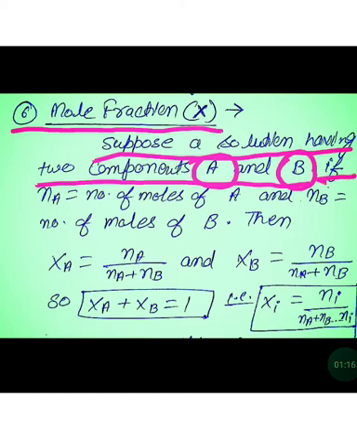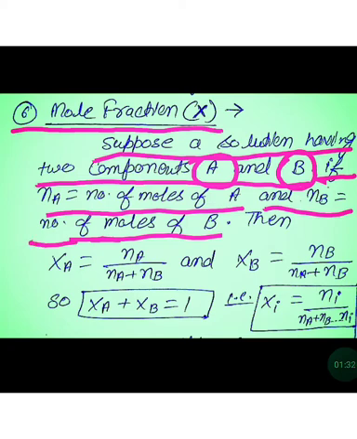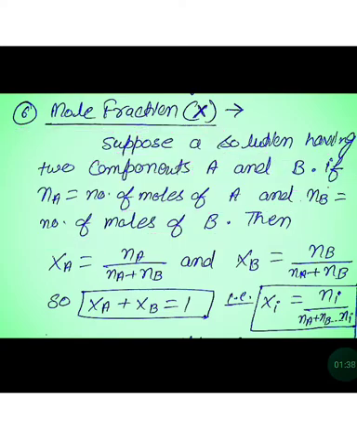If the number of moles of A is equal to Na and Nb is equal to the number of moles of B, then the formulas are like this.